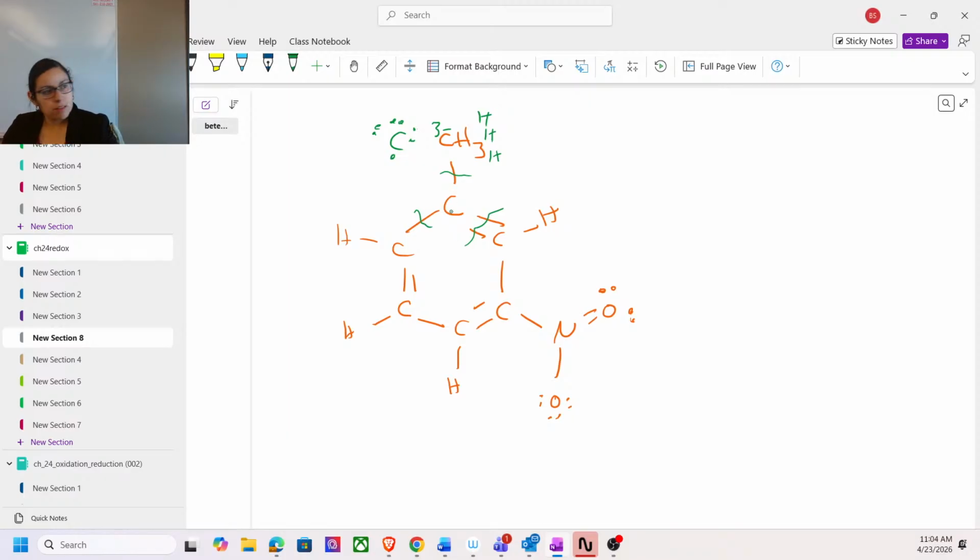So what's the oxidation state of this carbon? Right, pull it off: 1, 2, 3, 4. So 4 minus 4 gives you 0. So we have 0 for this carbon.